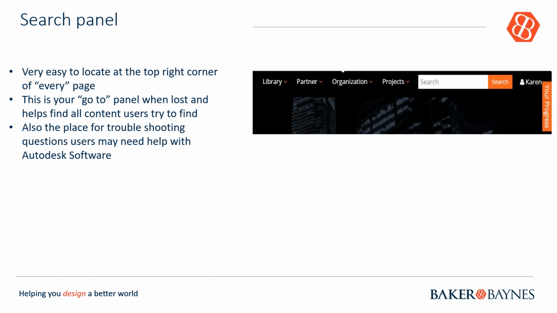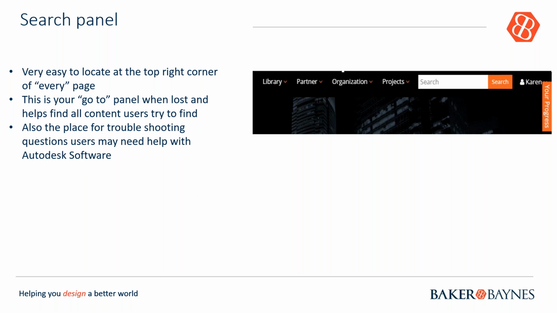Then moving on to the search panel, this is very easy to locate. As you can see, it's right next to your profile shortcut. The search panel is on every page, so you won't get lost. It's just to help you navigate the CADLearning portal better.